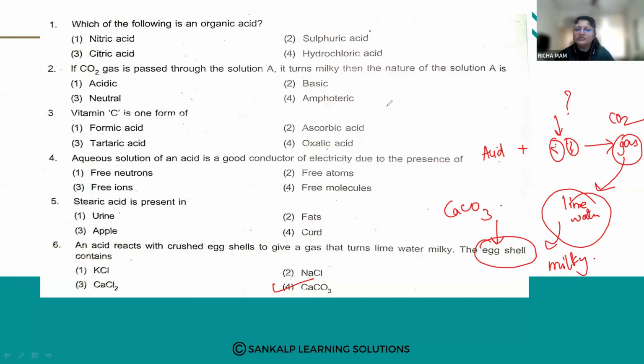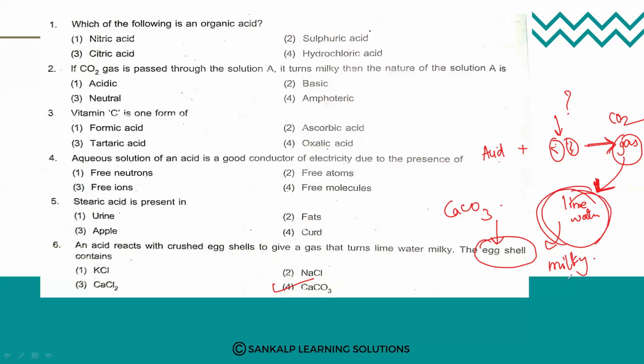When this carbon dioxide gas is passed through lime water, it turns the lime water milky. So the eggshell consists of calcium carbonate. Understood? I hope these questions are clear.